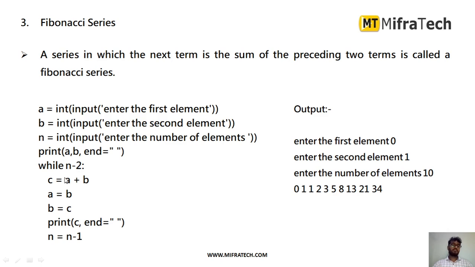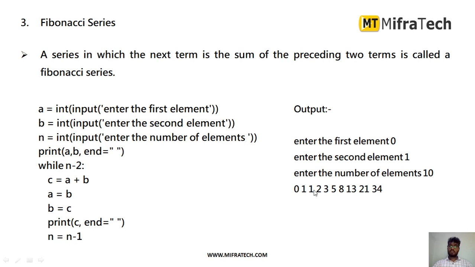After that, for the third element it will check the condition, 10 minus 2 is 8, it is true. So after checking the condition is true, it will add two elements, c is equal to a plus b, 0 and 1 is 1, so the third element will be 1. After that it will assign 1 to a and one more 1 to b.